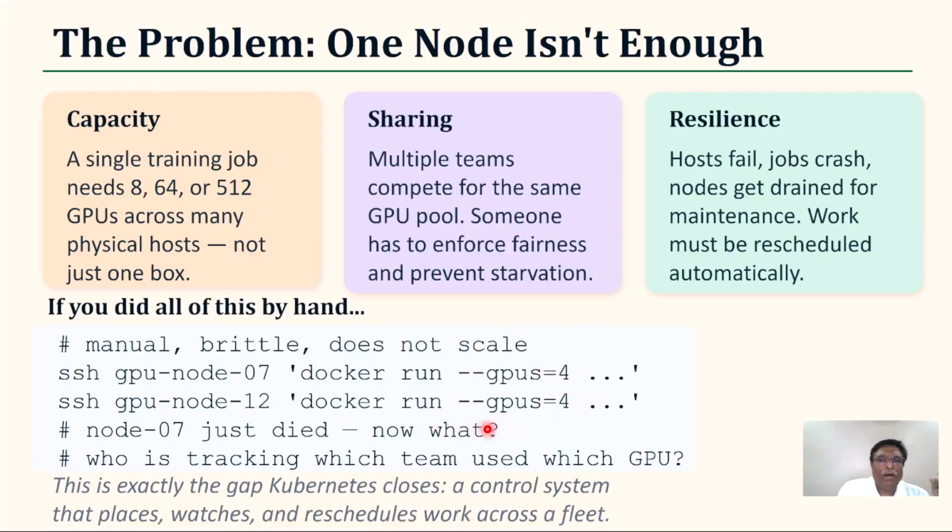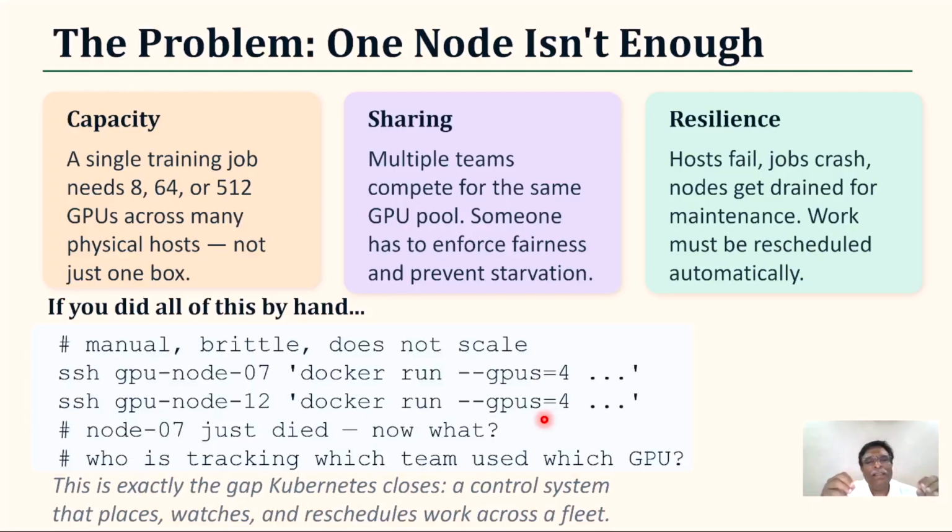Or what would happen if node 7 has just died? Now what? Who is going to track which team is using this GPU, or how do we support that team on some other GPU? They would have put their workload there, it might have consumed 20 hours of time, and then it crashes. What's going to happen?